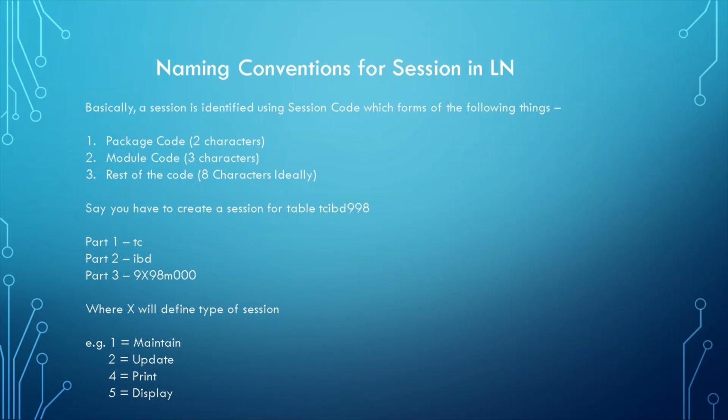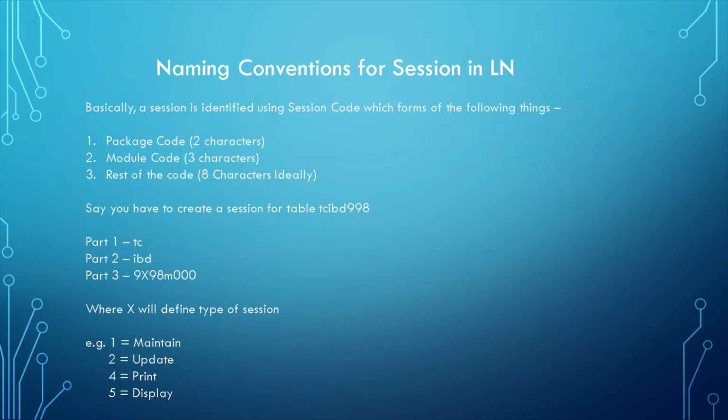Now these session codes have a certain naming convention. How that is built is using the following, whatever you are seeing on the screen. So the first two characters of your code will be the package code. There are certain packages in Infor LN like TC, which is for common, then TD, which is for distribution, TI, and TF, which is for financials, etc. The next three characters will be the module code.